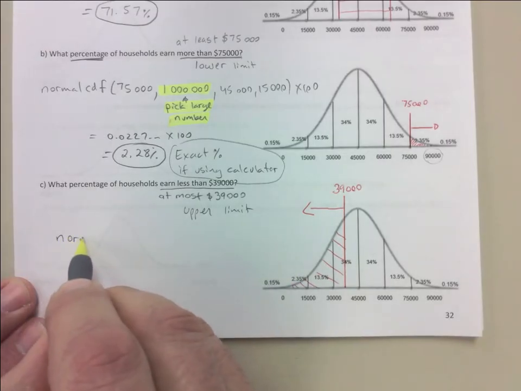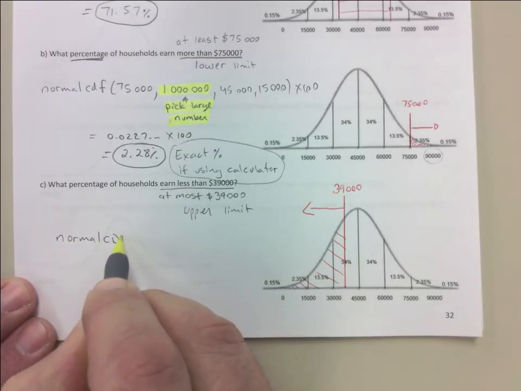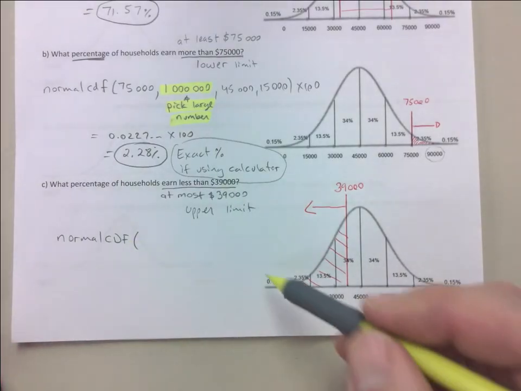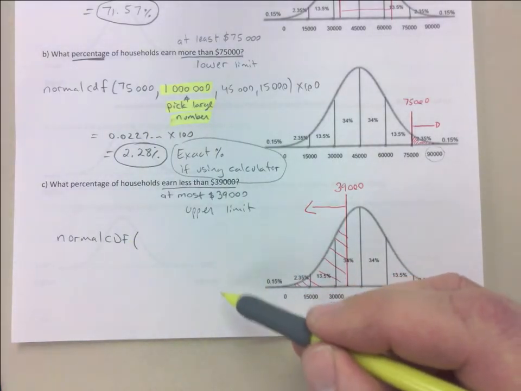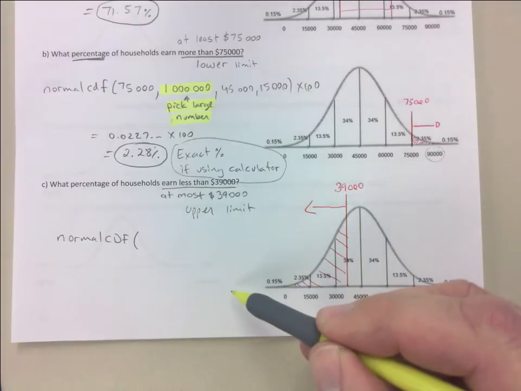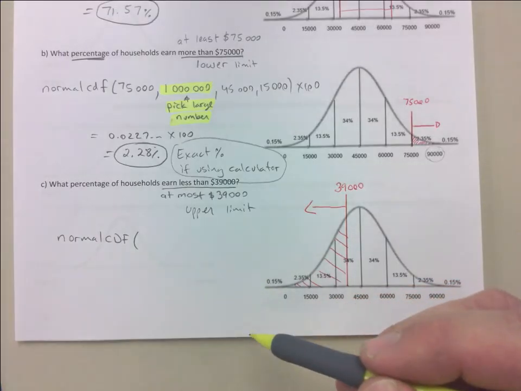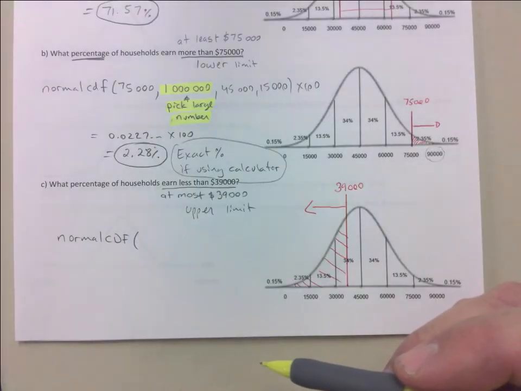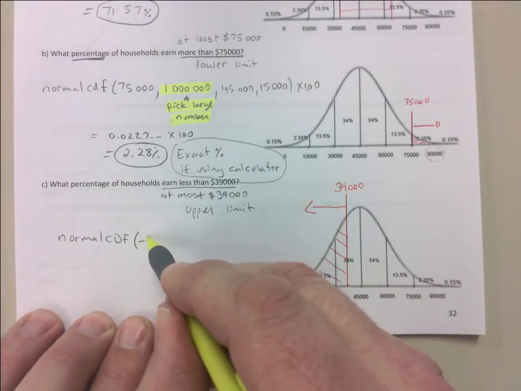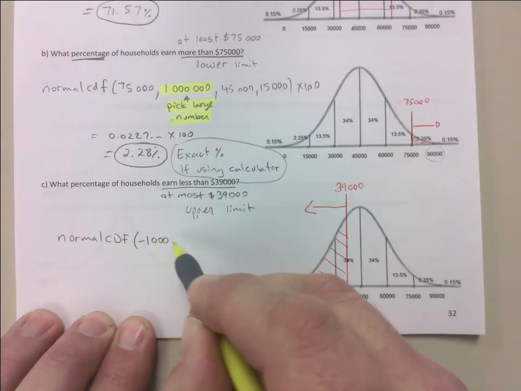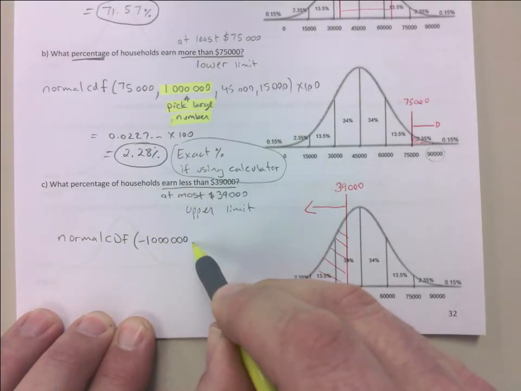So we go normal CDF. What is my lower limit? Like what is low? What would you say? Pick a really, really small number. So I'll go negative 1 million. Right?